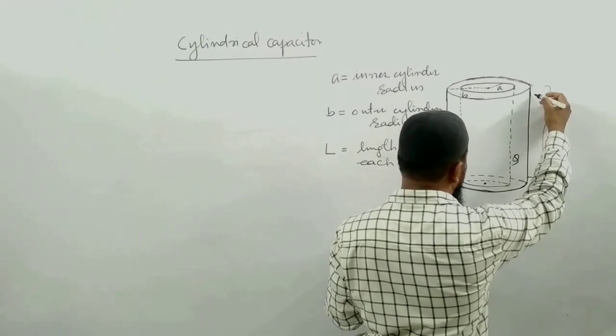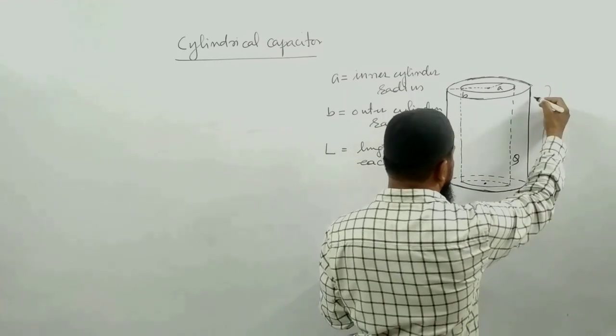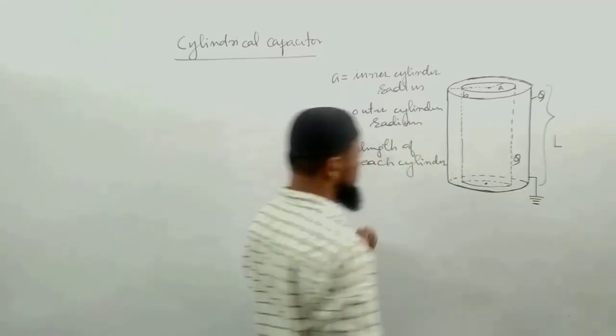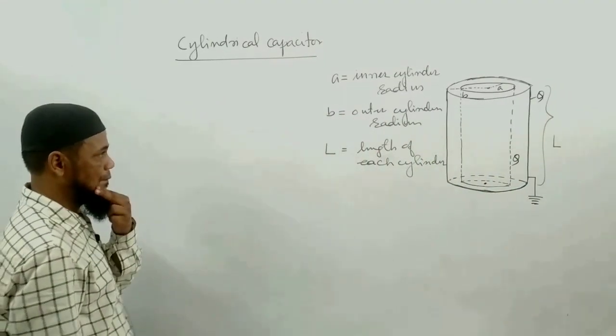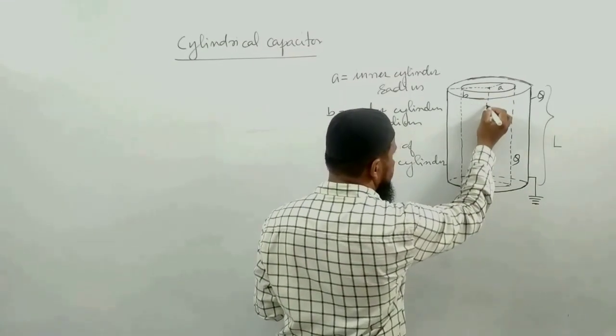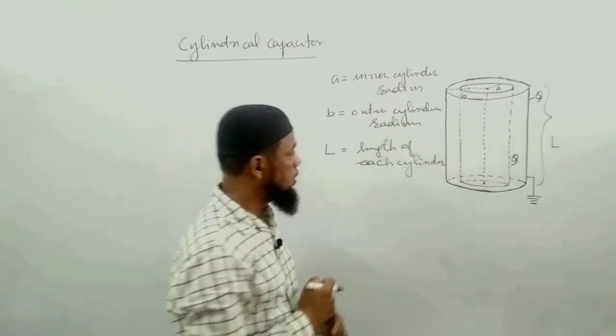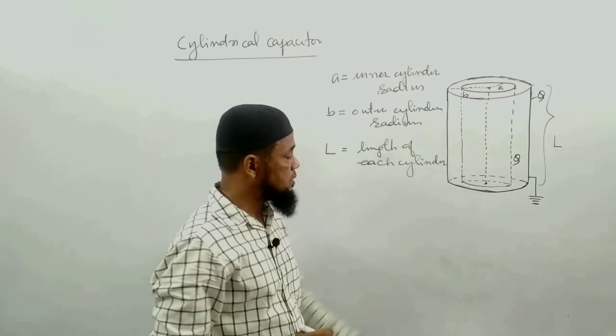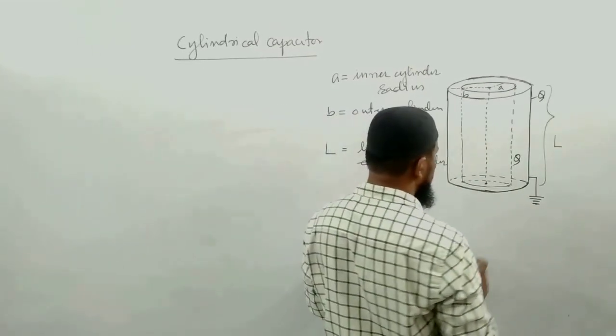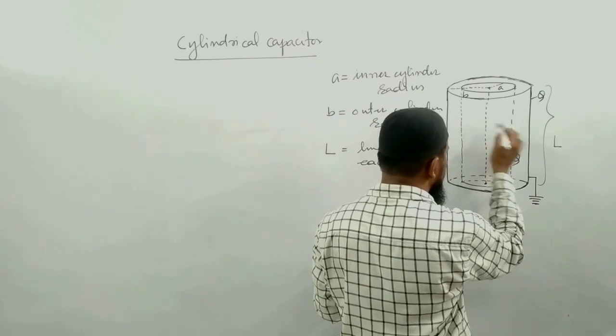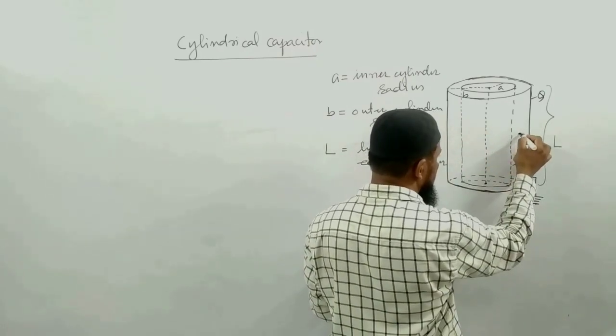So on the outer cylinder, a charge of minus Q will get developed. To find the capacitance of the system, we will consider a Gaussian surface.